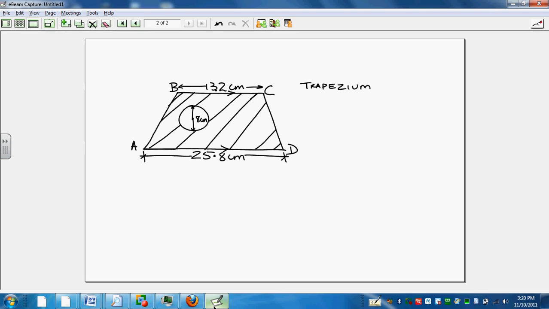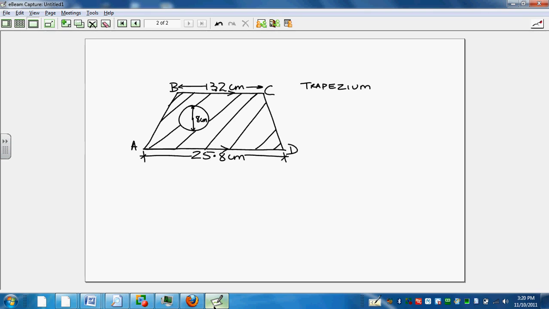And the shape inside is called a circle. So if we are to find the area that is shaded or crosshatched in this case, we would have to find the area of the trapezium ABCD, find the area of the circle, and subtract the area of the circle from the area of the trapezium. Right? And that will give you the crosshatch area.